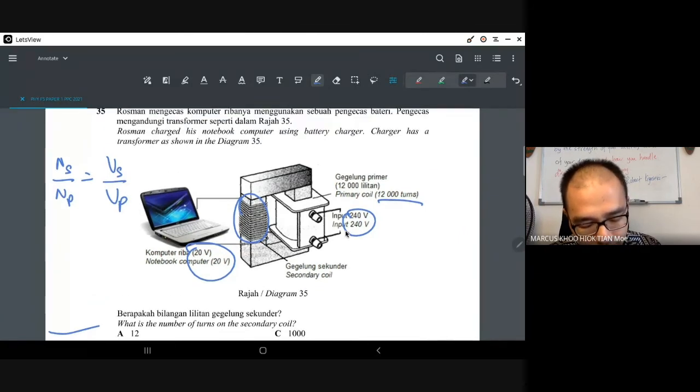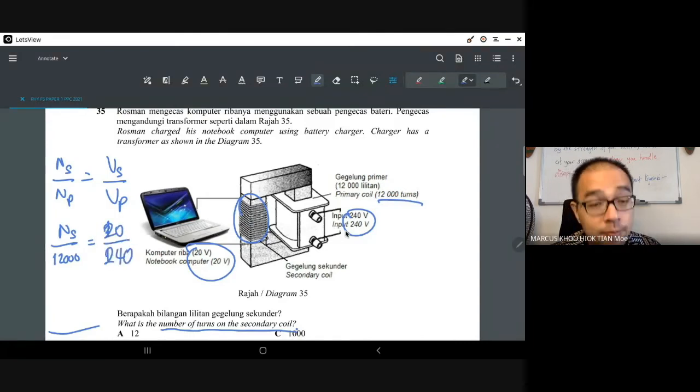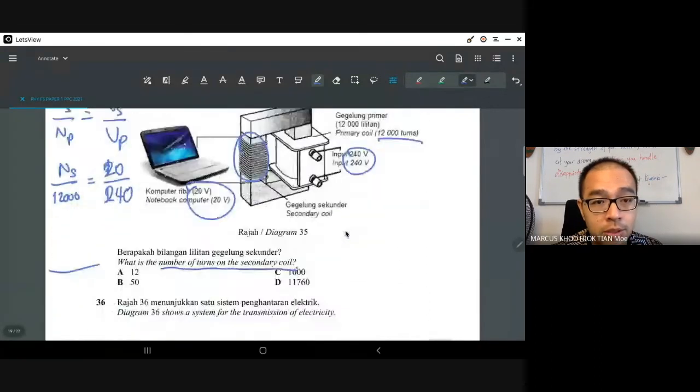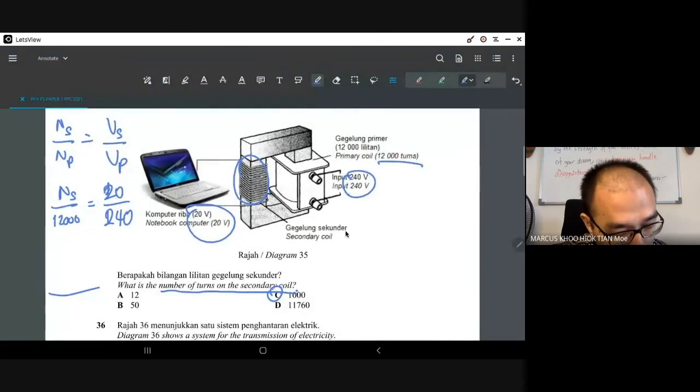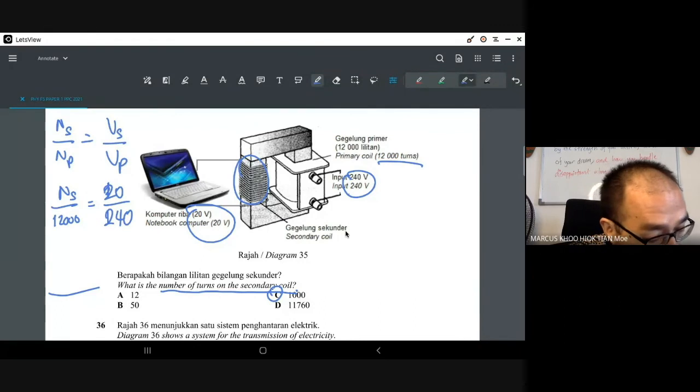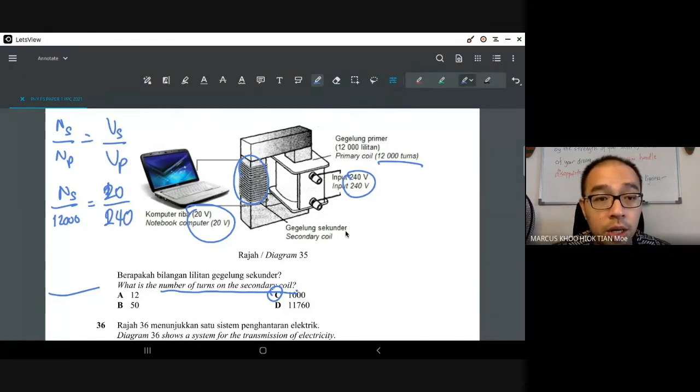NS is what we want to find, the number of turns in the secondary coil. NP is 12,000, equals 20 over 240. When you calculate this, you should get the answer C: 20 over 240 times 12,000. Yes, C, 1,000 turns in order to get 20 volts.